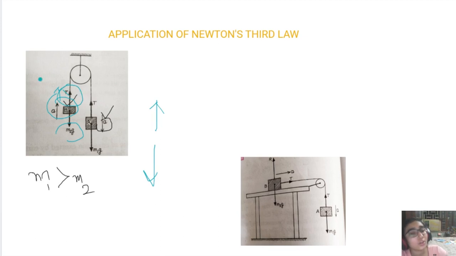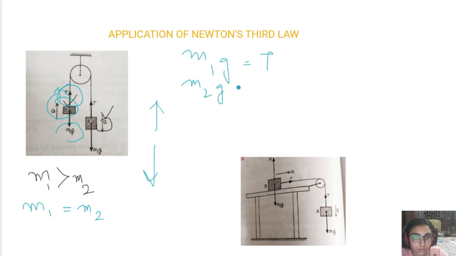Now, under normal circumstances, if M1 would have been equal to M2, तो फिर M1G would have been equal to T, M2G would have been equal to T, right? तो एकदम वो न्यूटन्स थर्ड लॉ के जैसे. But यहाँ पे it is not the same.